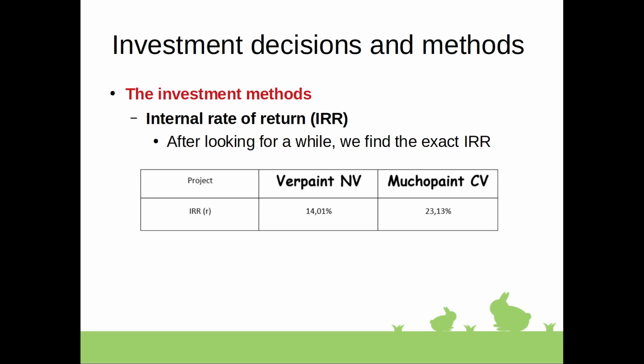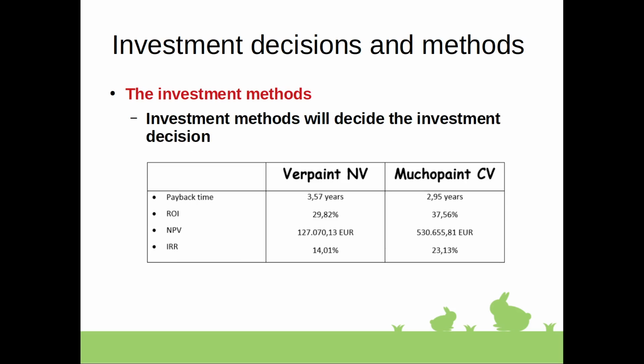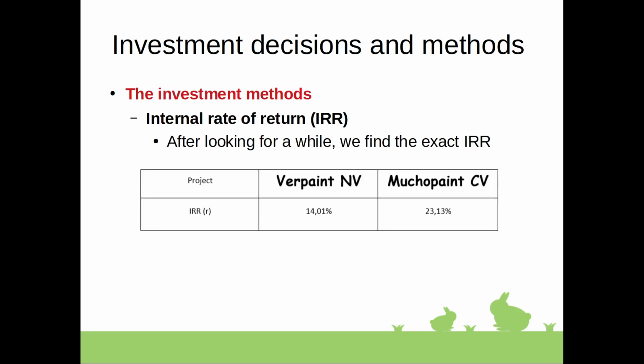So here are the solutions. I think you already understand that you will have to use ICT or an Excel file to find the internal rate of return. Okay, that's actually it. And then you see that Mutual Paint has the highest internal rate of return, which is the best. So Mutual Paint will win once again.